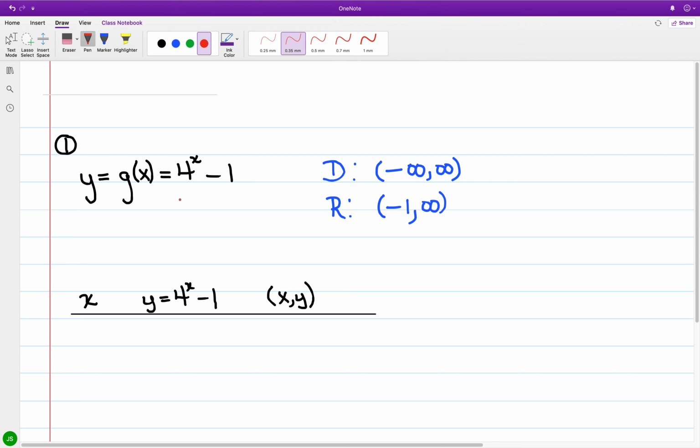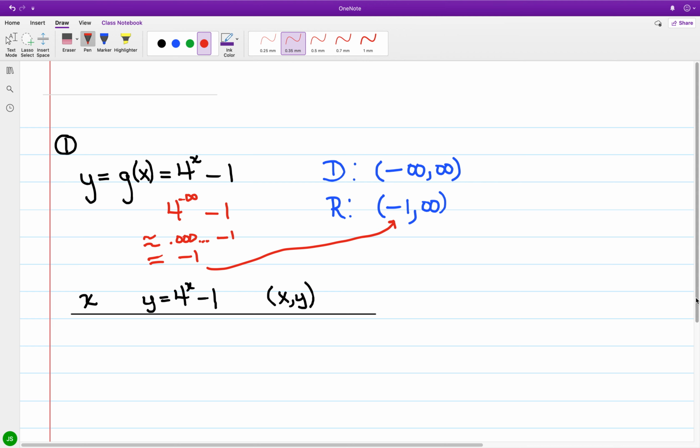Just to give you an idea, say you have 4 to the negative infinity minus 1, which is like 0.000 minus 1. The smallest positive value that exists stems from 4 to the negative infinity, and taking away 1, the smallest possible value for y is that which is greater than negative 1.